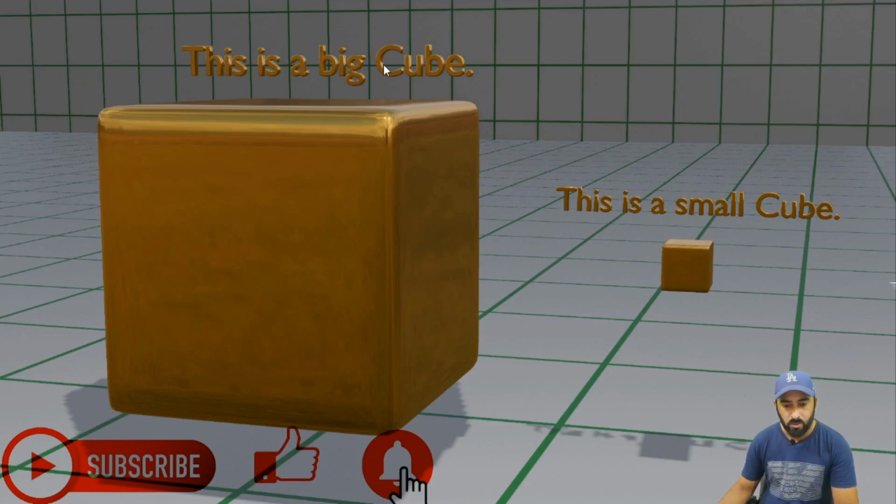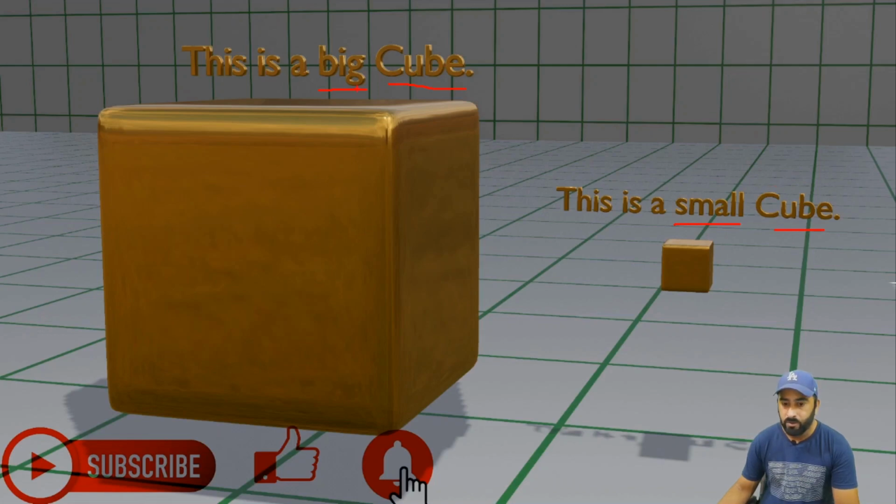So in order to describe what kind of cube it is, or to give extra information about the cube, we have put this adjective, and this is also an adjective. These two adjectives, big and small, are describing the cube, and the cube is a noun. So I think you might have understood that.